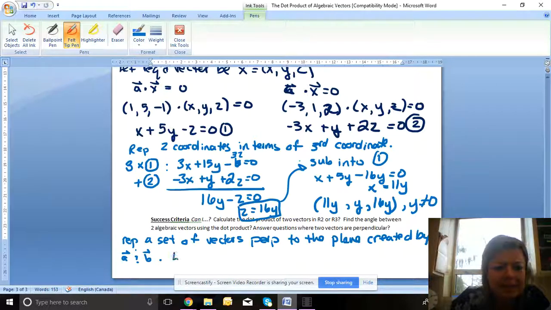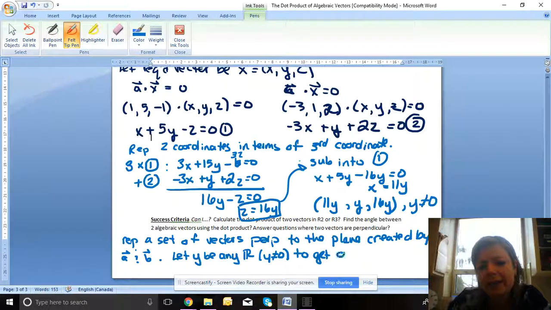So let y be any real number, but not 0, to get an infinite number of collinear solutions.